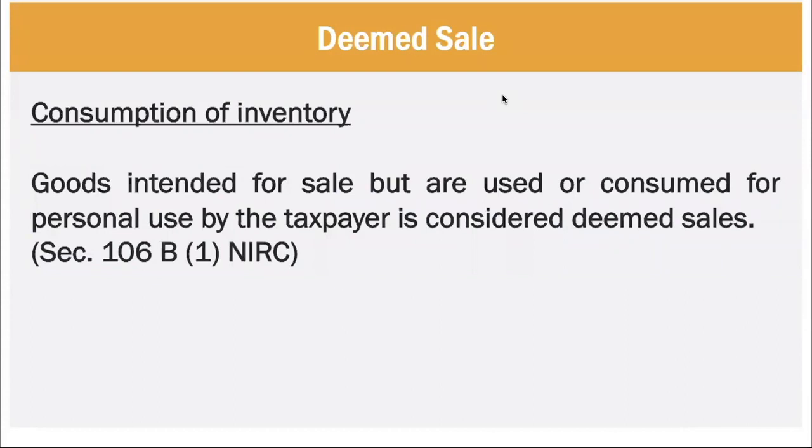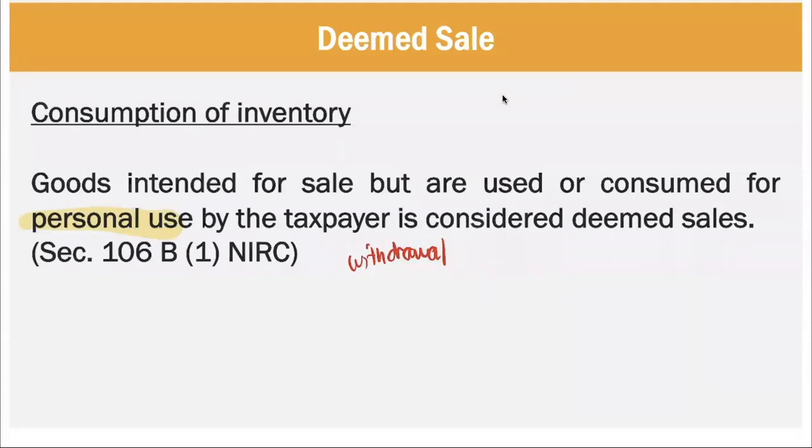So in here, we have here your inventory, but used for personal use. Normally, these are your different withdrawals of the owner. So what is withdrawn here is your inventory. Guys, pag nag-withdraw yung owner ng inventory, isasama natin yun sa pag-compute ng ating output VAT. Okay?